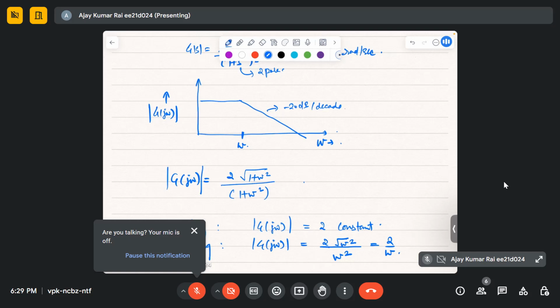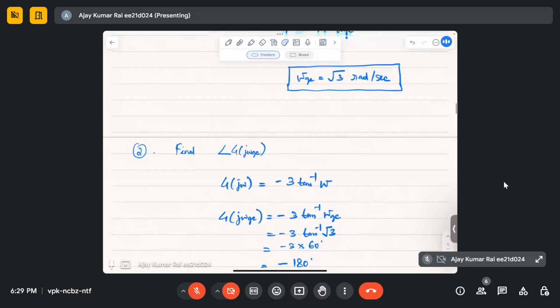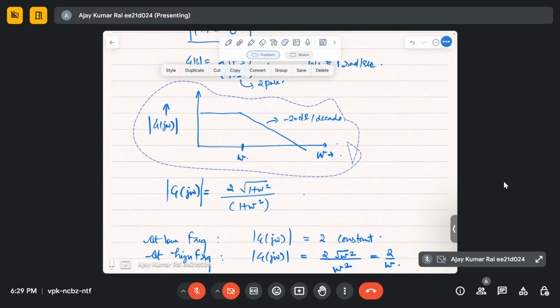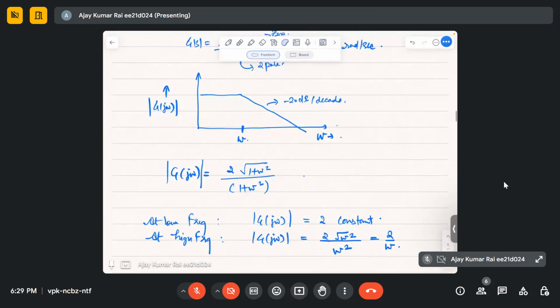But we are not concerned about this. What we want is this: what is the gain crossover frequency? We got root 3.